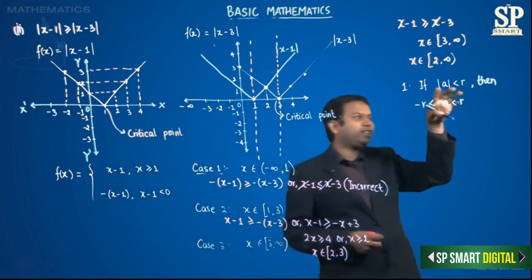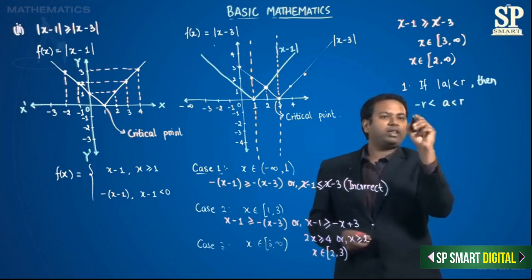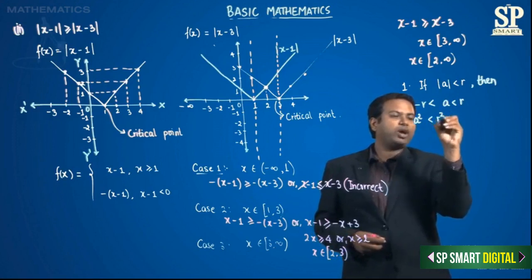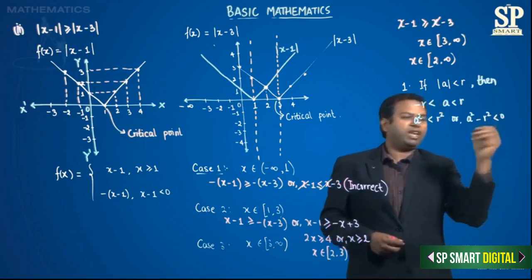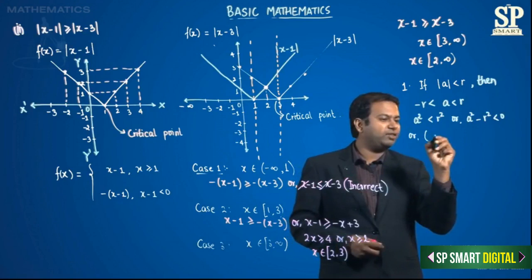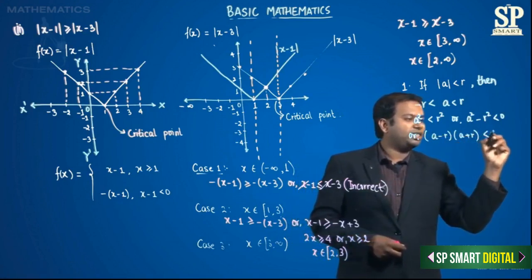You can also get this condition by simplifying this. If we square both sides, we have a square is less than r square, and if we bring both the terms on one side, we have a square minus r square less than 0, or we can also write this in the form of a minus r into a plus r, and this is less than 0.